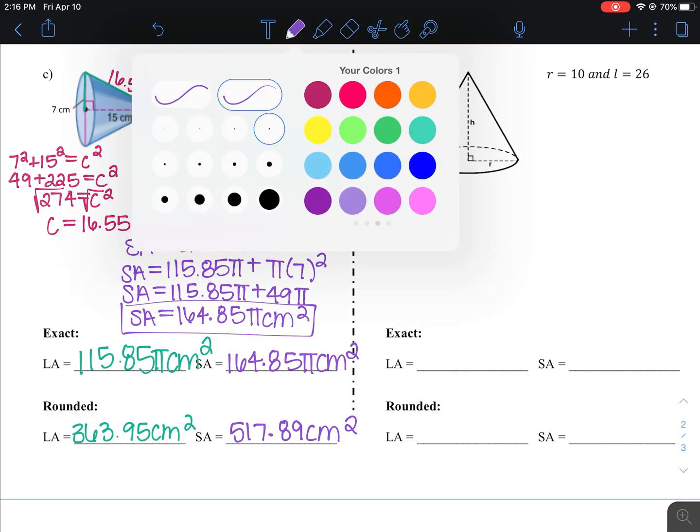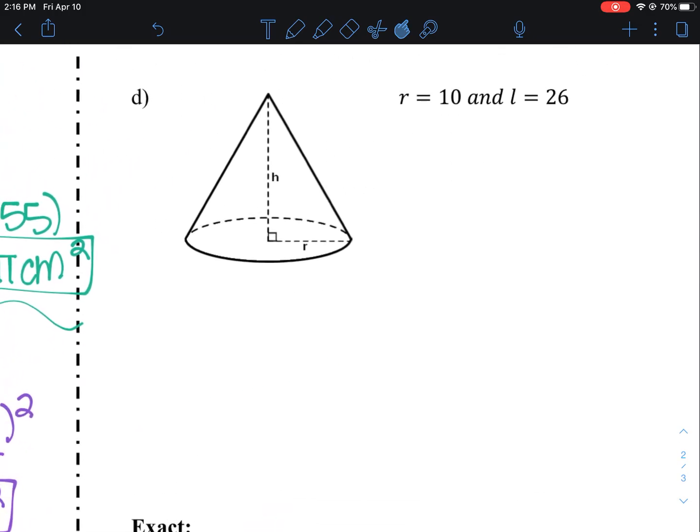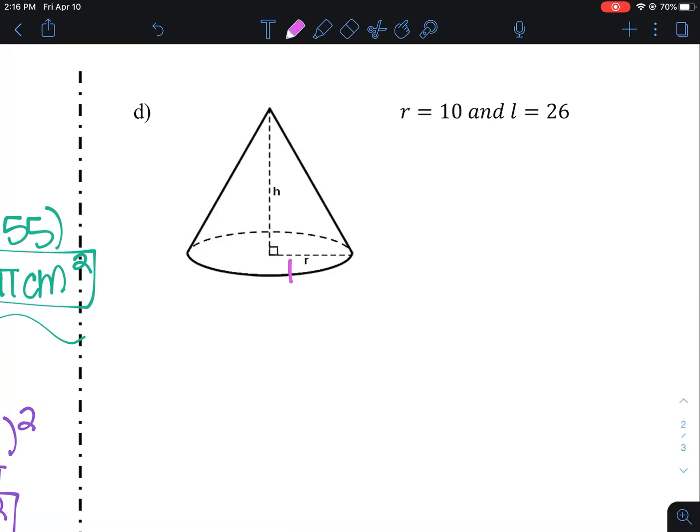Okay? And then lastly, it says r is 10, so down here the radius is 10. And then the slant height, it doesn't say it on the diagram, but it says here that it's 26. So for the lateral area, remember pi times the radius times the slant height.